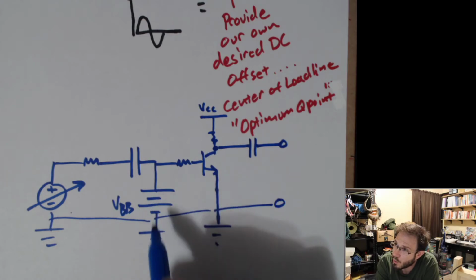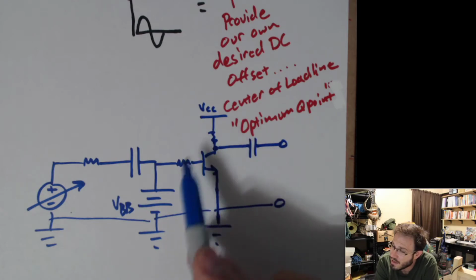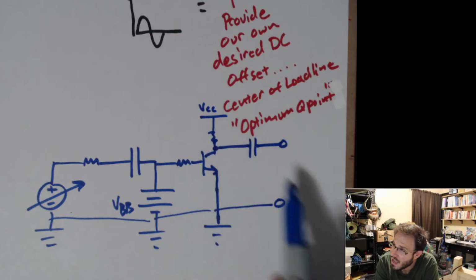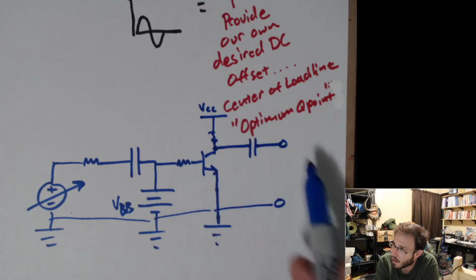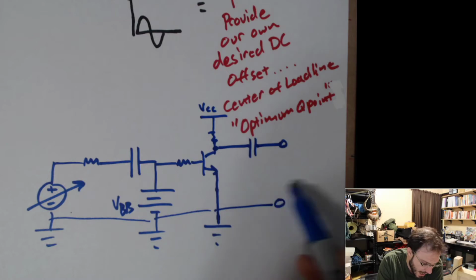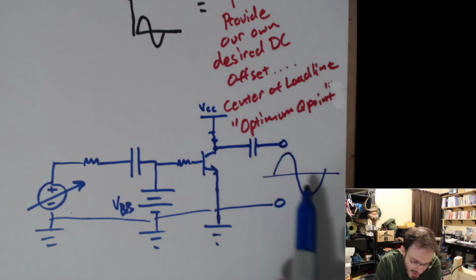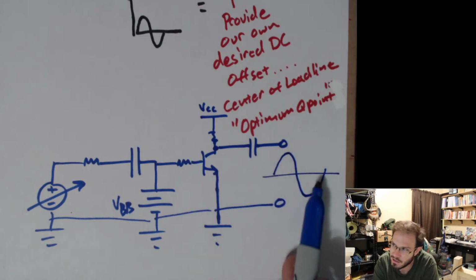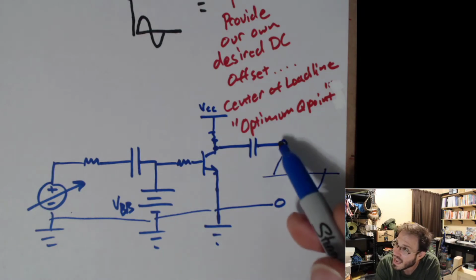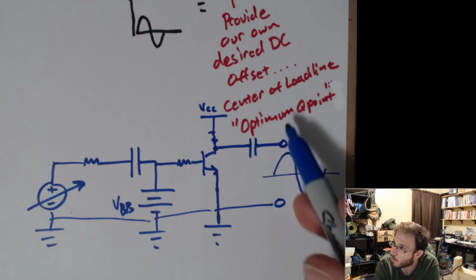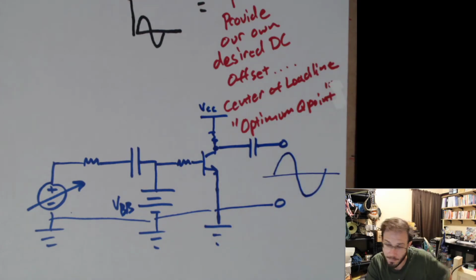You give it your own DC offset, which should be at the optimal Q point, and then you go ahead and feed this in here, and then you remove the DC offset that was required for amplifier operation, and now you get a nice amplified voltage that's centered at 0 volts. And if you needed this to be different than 0 volts, then again you would go ahead and apply a voltage here in order to shift this signal up or down.